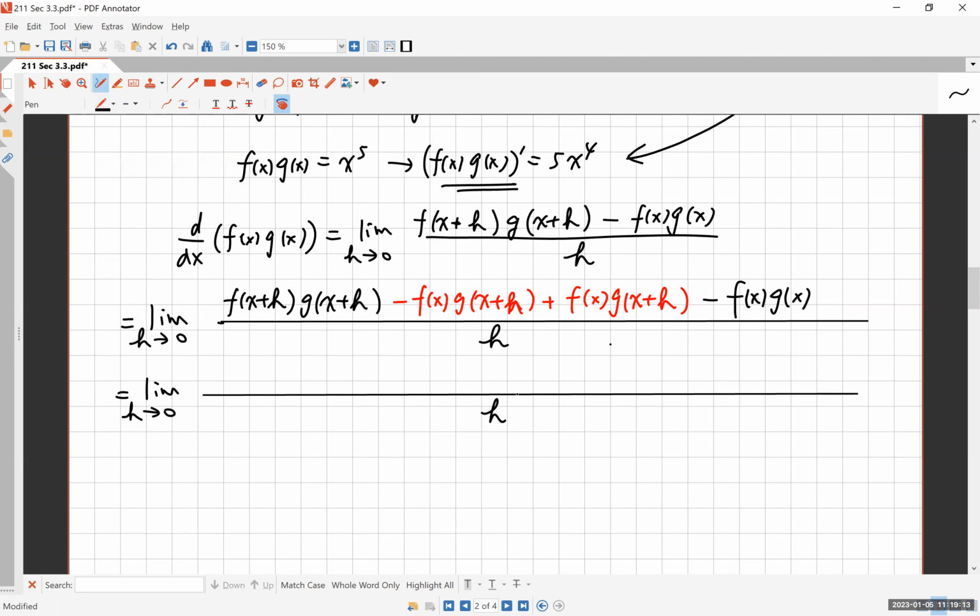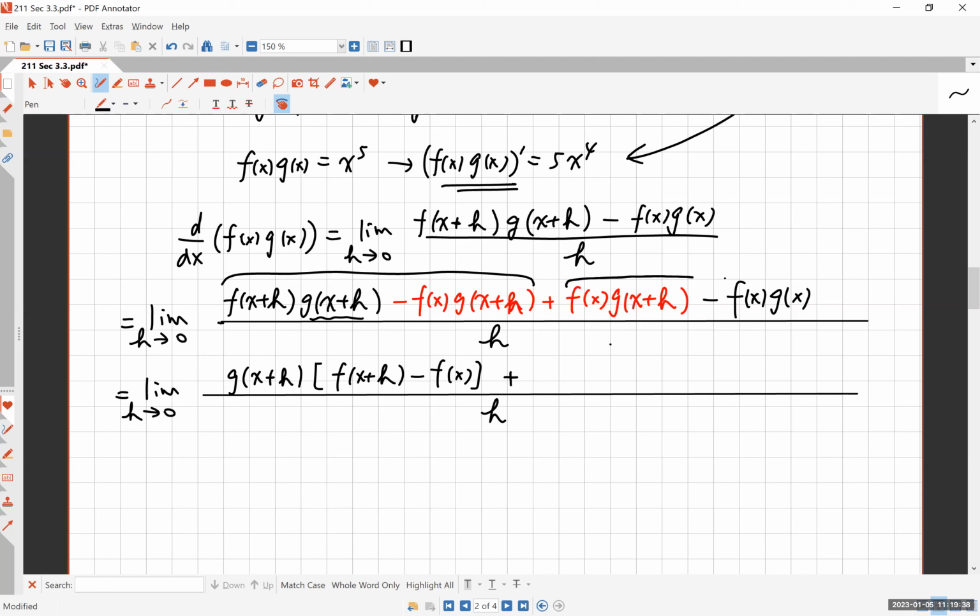Now what you can see is, in the first two terms, you have the common factor g of x plus h. So let's factor that out. And then the rest will be f of x plus h minus f of x. So this is from these two terms.